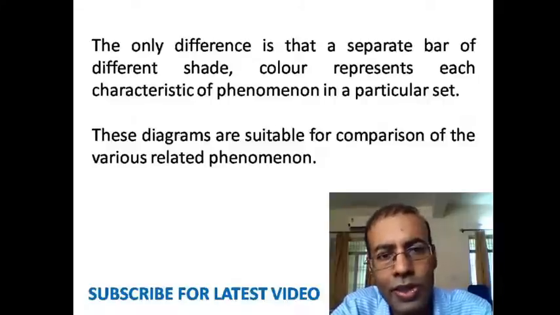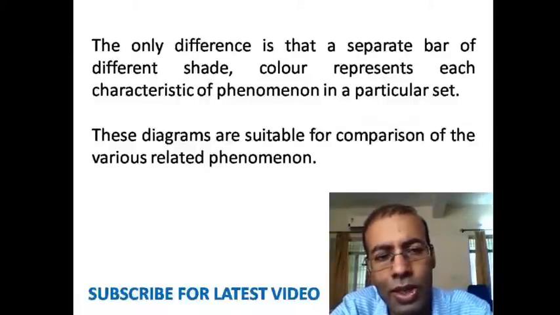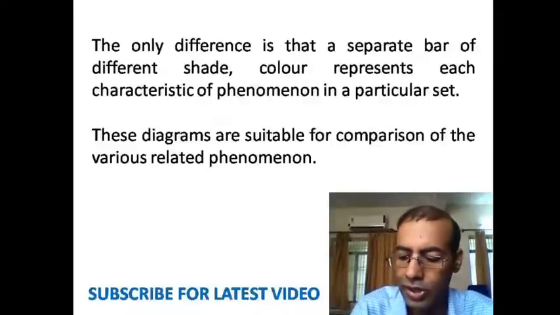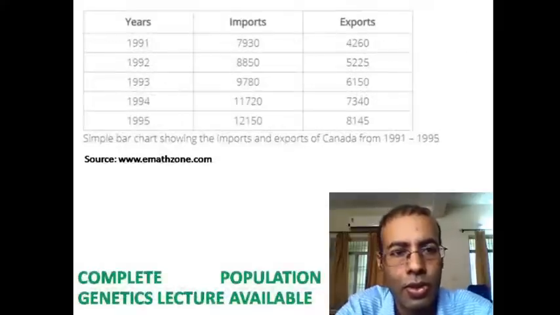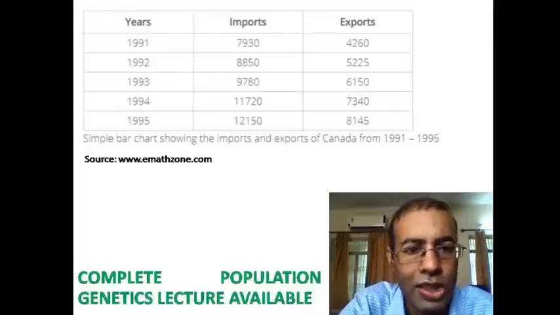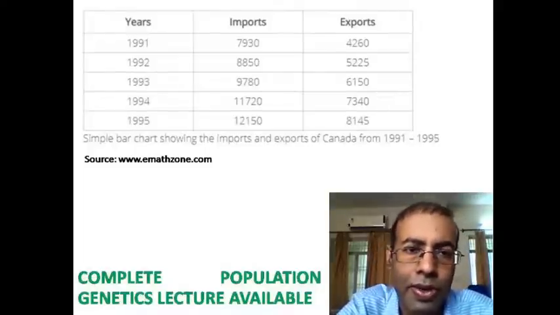The only difference is that a separate bar of different shade or color represents each characteristic of the phenomena in a particular set. These diagrams are suitable for comparison of various related phenomena, as I discussed earlier. So this is one piece of information, and using it we can make a multiple bar diagram.